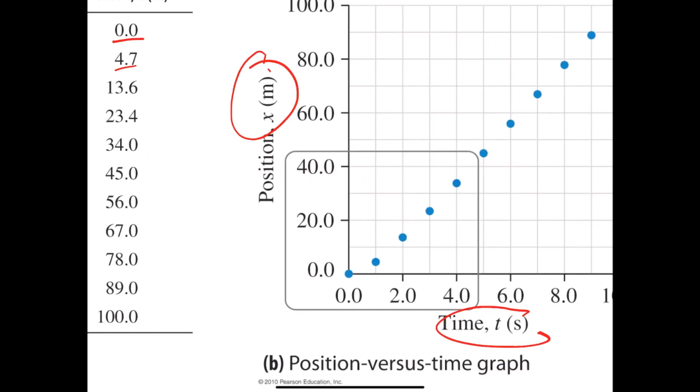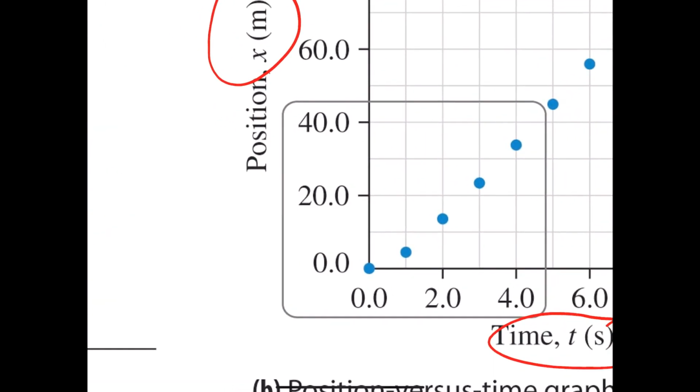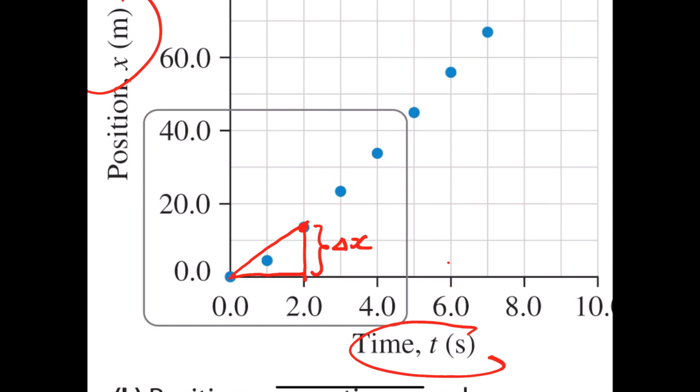If you want the average speed for the first 2 seconds, you ignore the first second. You just lose this point, and you look at here, here, and here. So this is your change in displacement, and this is your change in time. Can you see? So the average over 2 seconds, your speed is delta x over delta t. It is the slope here.